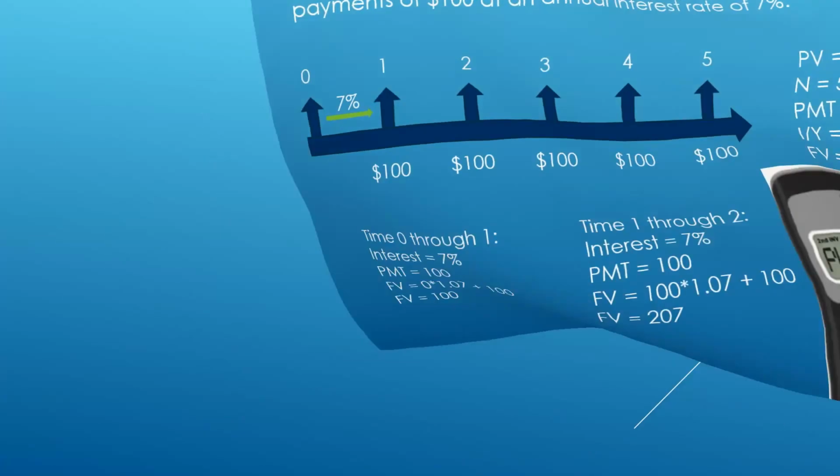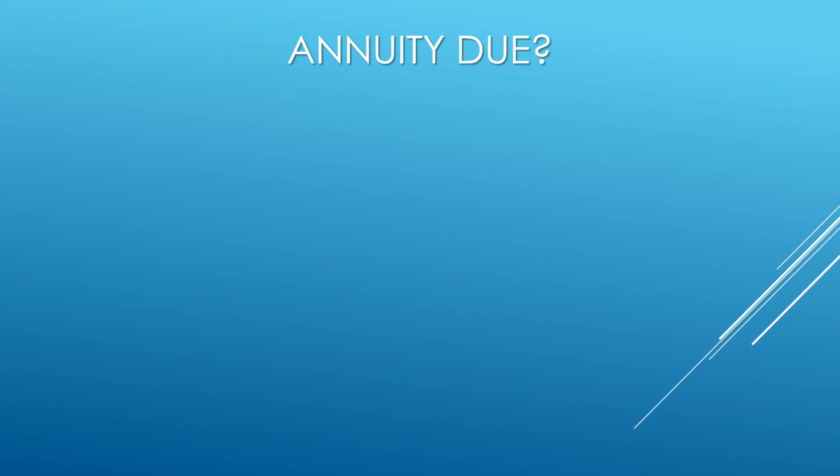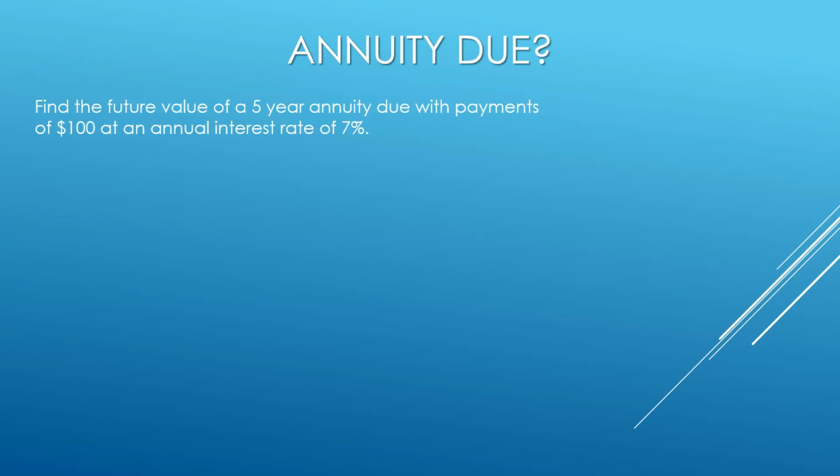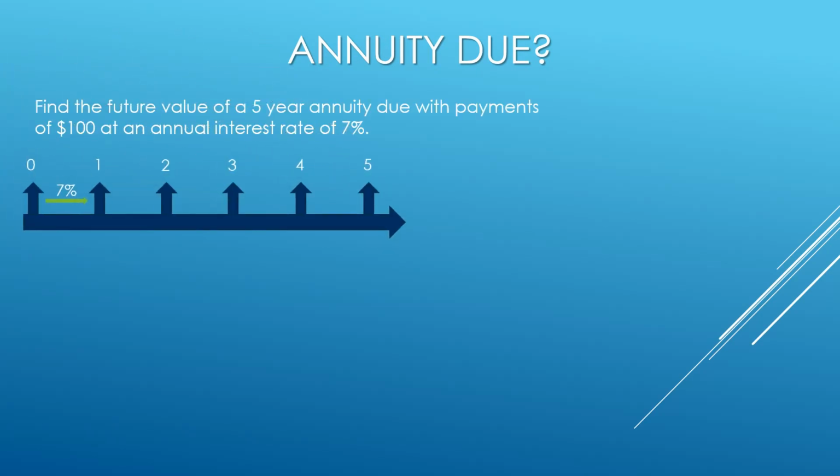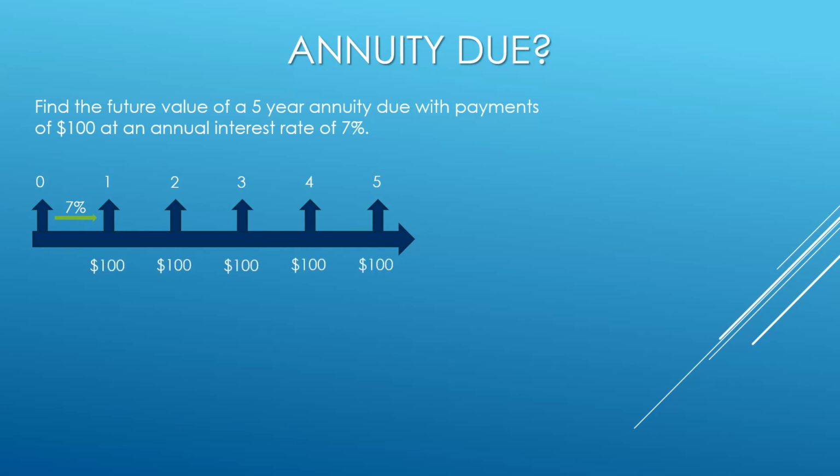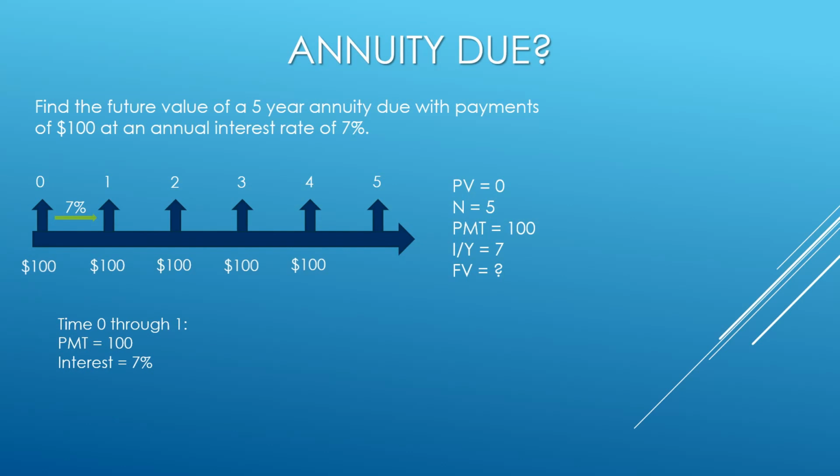Alright, let's do another question. In this case, everything is the same as before, except this is an annuity due question instead of an ordinary annuity. Let's bring back our timeline from the last example. The only thing that changes here is that the payments are made at the beginning of the year as opposed to the end of the year. Let's figure out years 0 through 1. This time, our payment is made before the interest for the year is earned.